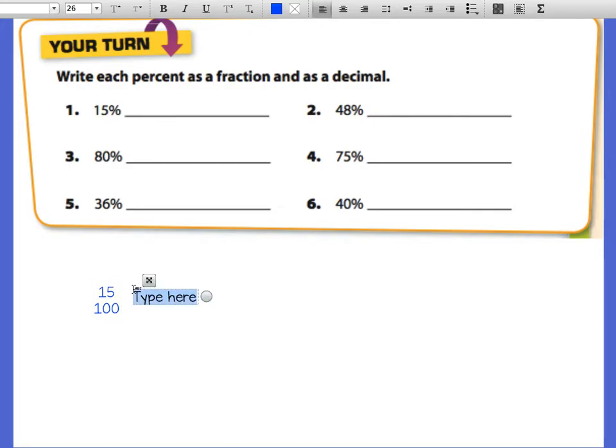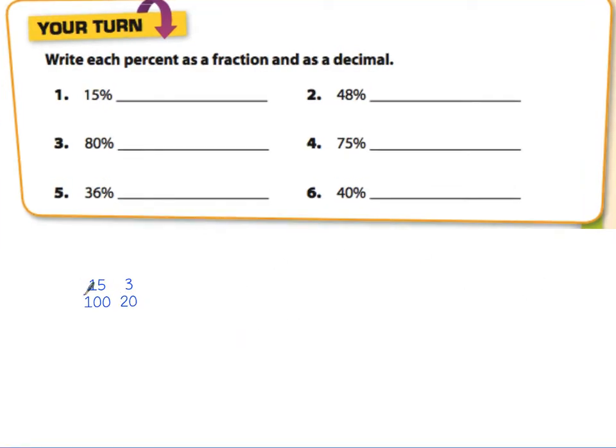Both of them can be divided by 5, and I would get 3 twentieths, because 15 divided by 5 is 3, and 100 divided by 5 is 20. So not only do I get 15 hundredths, but I could also say 3 twentieths is equal to 15%. All right, go ahead and pause, and when you come back, we'll check your answers.